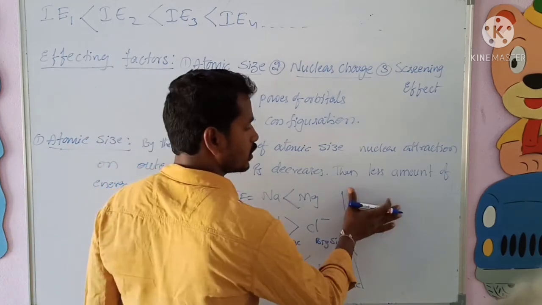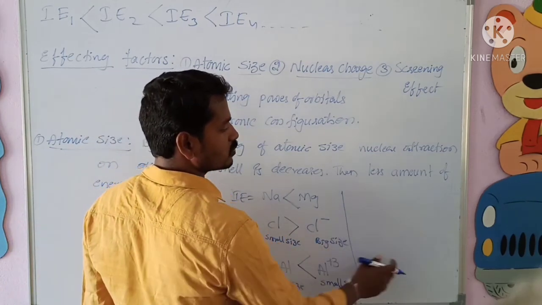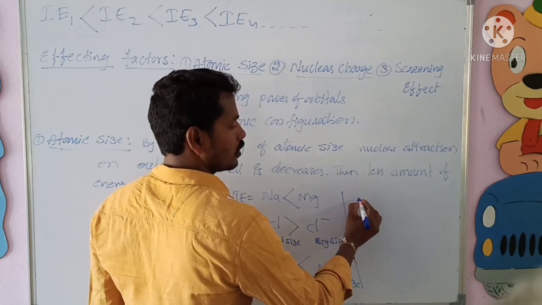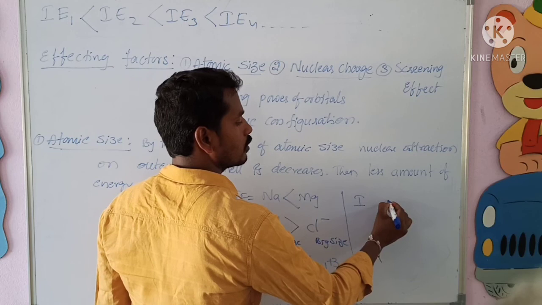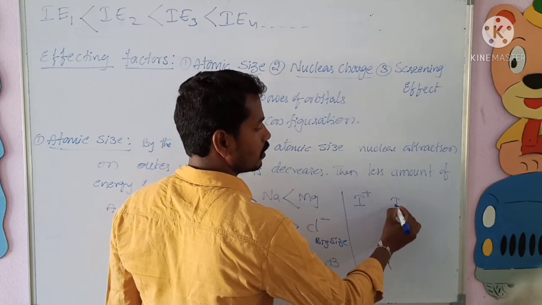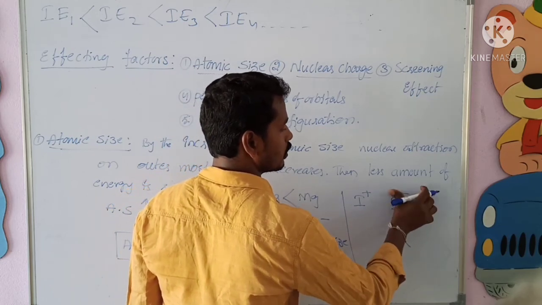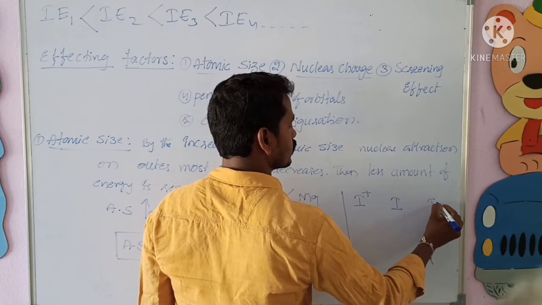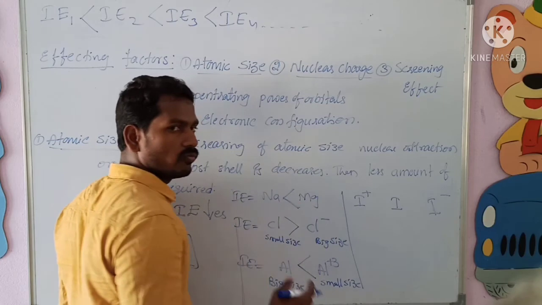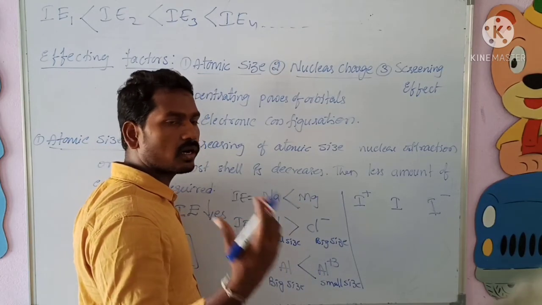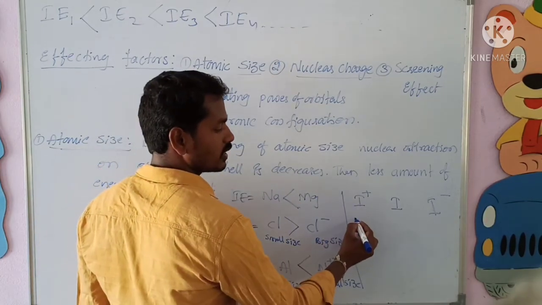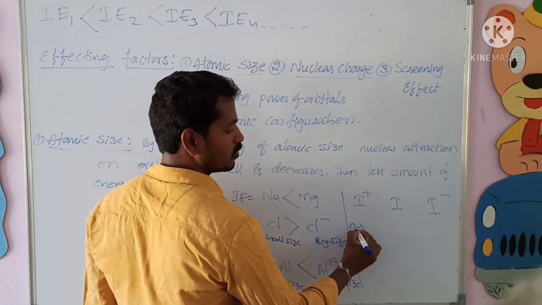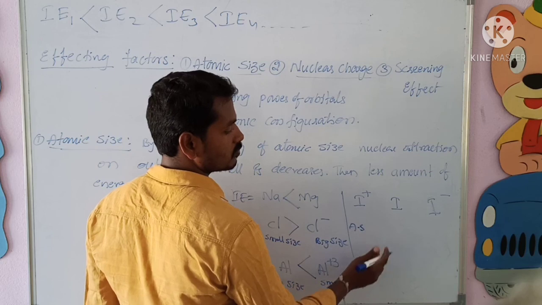Next, we will take different types of iodine species: I plus, I minus, and I. In these three, what is the ionization energy order? First, we can write the atomic size order.